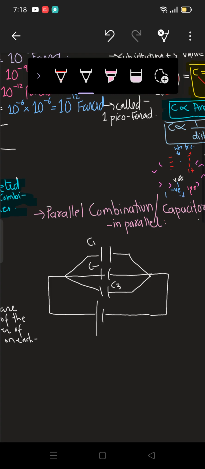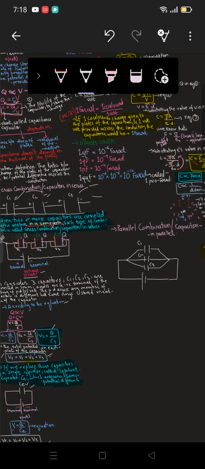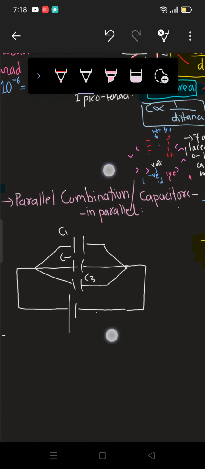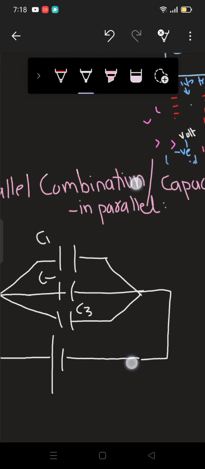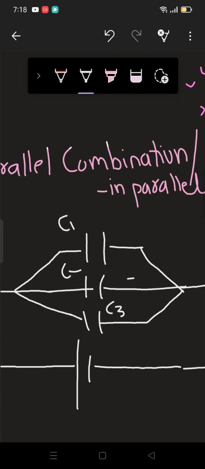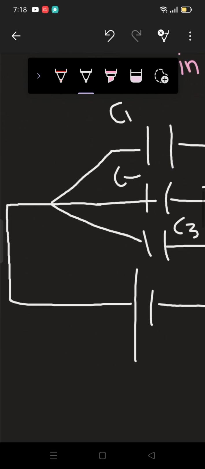When we were discussing series, we made them in the same path. All the capacitors were connected in the same path. As we are now discussing the parallel combination, the capacitors would not be in the same path. They would be parallel, right? As you can see, one is in this path, second is in this path, third is in this path, right?